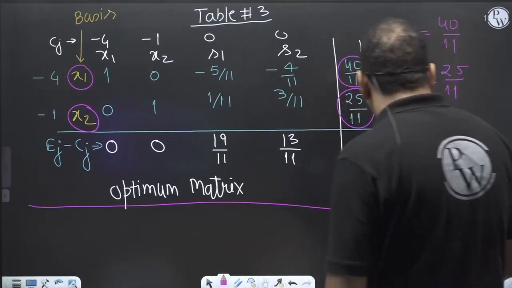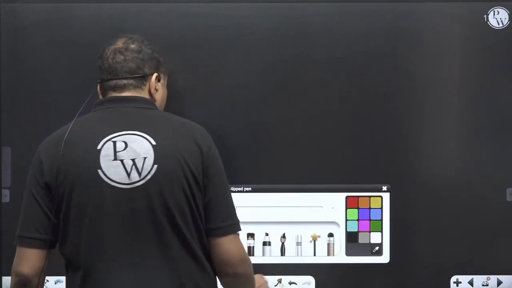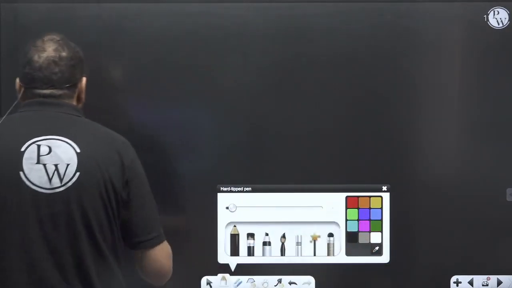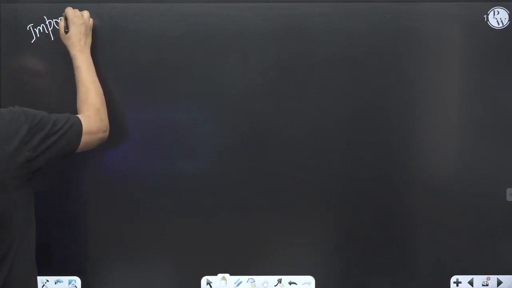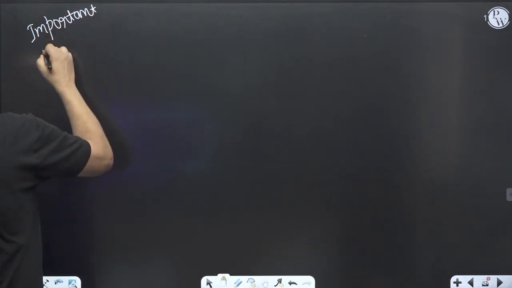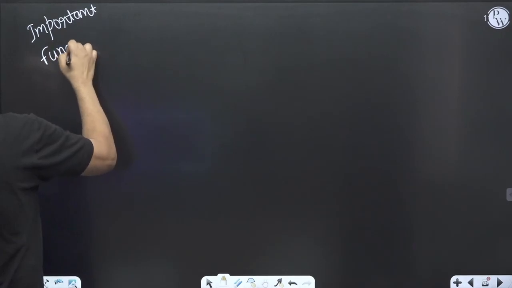The next page will be better. One important funda.